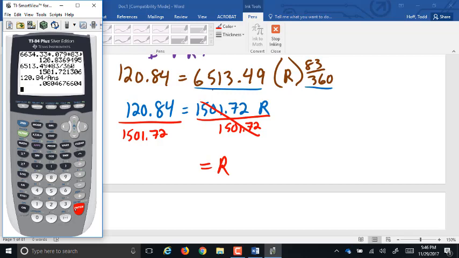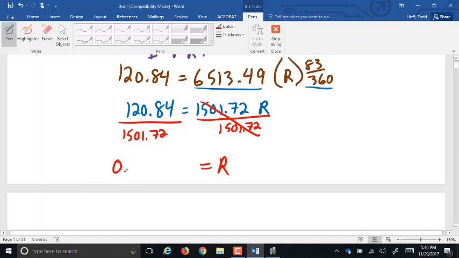Remember we said go at least 5 decimal places? So 0.08047. To turn that into a percent, move the decimal point 2 spots. That's 8.047%. If I wanted to round that to the nearest hundredth of a percent, that's 8.05%.